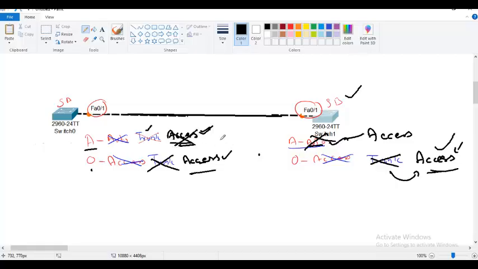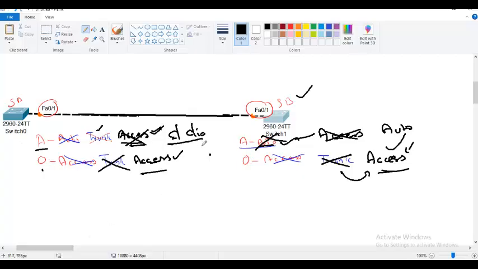What will happen? See, dynamic desirable meaning I want to be a trunk. This port is saying, I want to be a trunk. Currently, I'm operationally access. I want to be a trunk only if you agree.